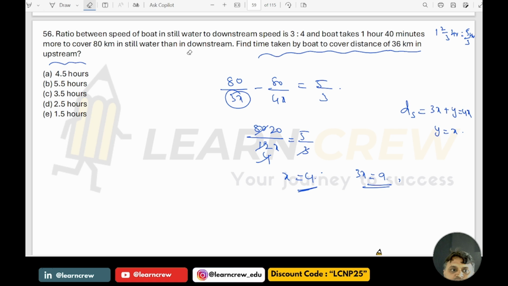Here I see the ratio 3:4 is given. So without confusing you, let me take k instead of x and y, so that you don't have any confusion. If it is 3k, it is 4k.